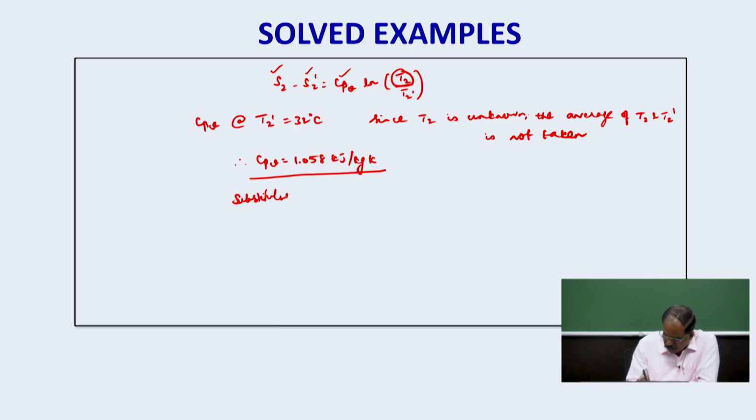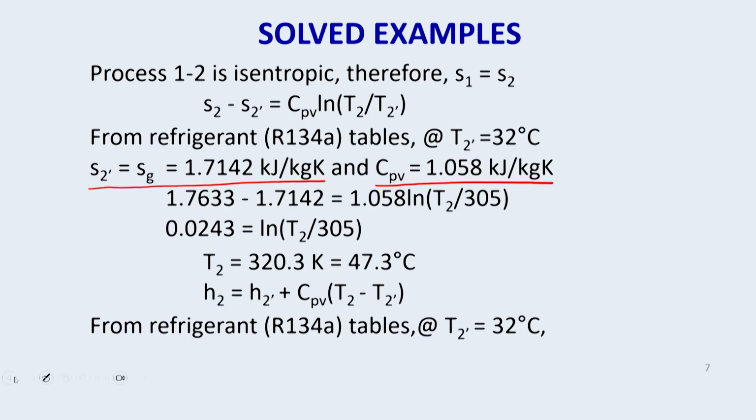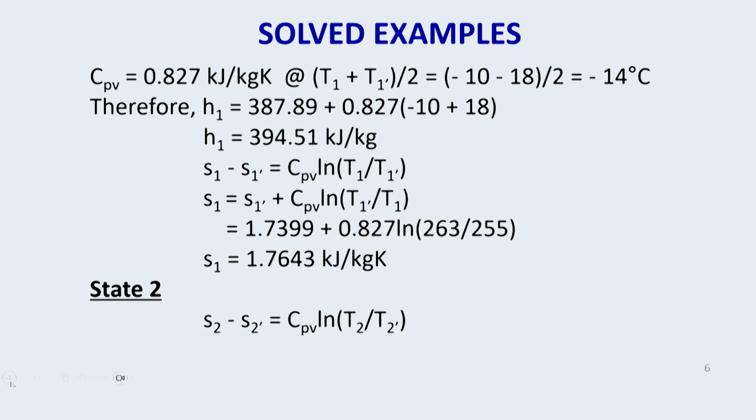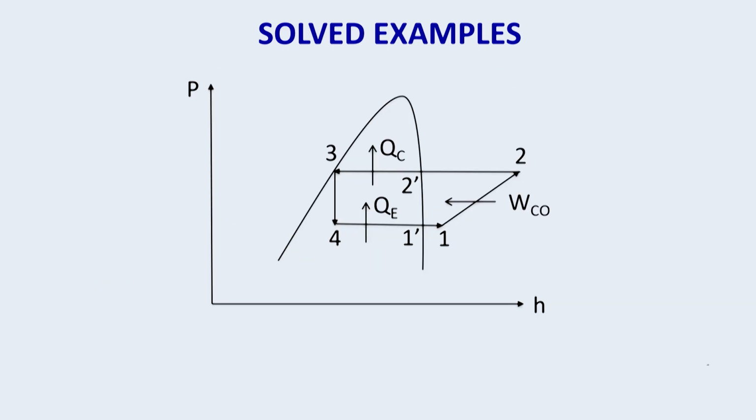Substituting the values of S2, S2 dash, Cp of vapor and T2 dash. S1 is equal to S2, which is 1.7643. Let us check the value once again.